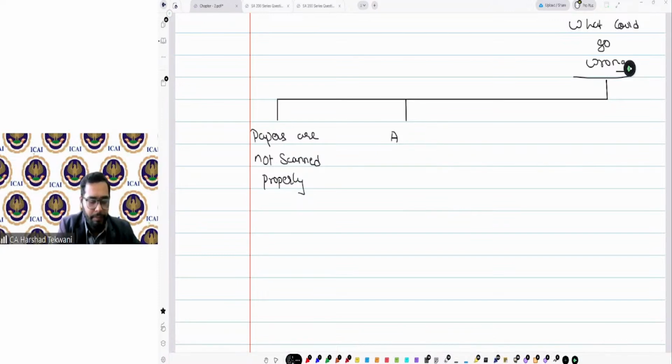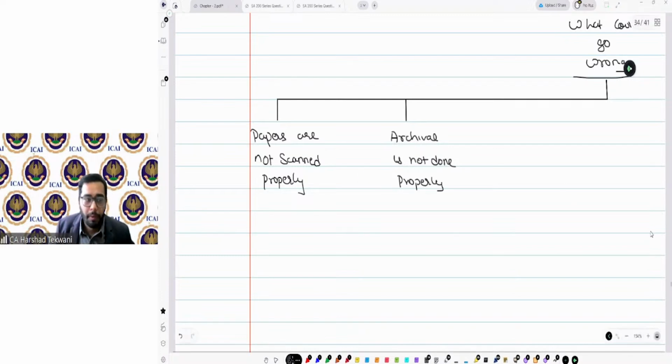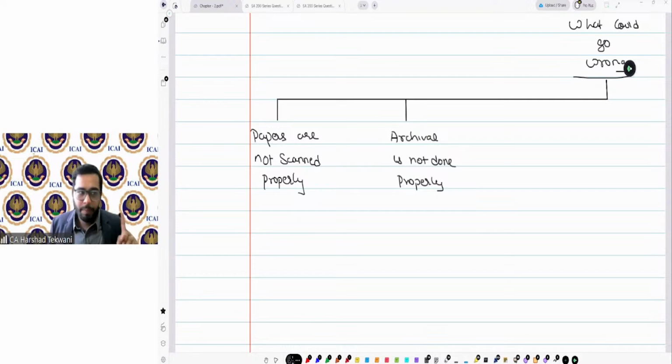What could be the second risk? Archival is not done properly. Okay. These are the two risks I can see: archival is not done properly, or papers are not scanned properly.